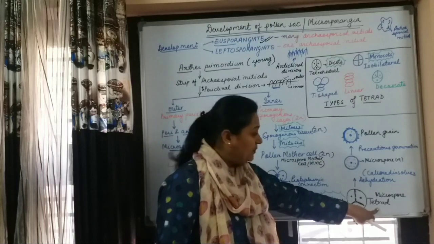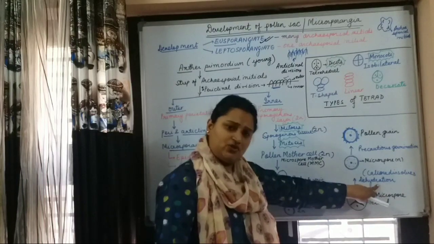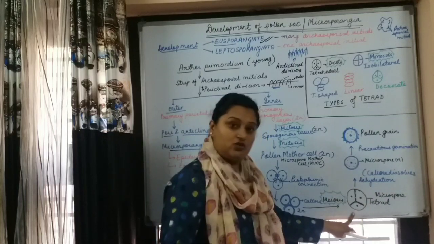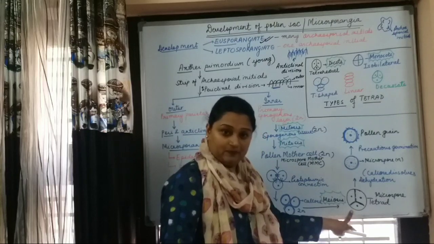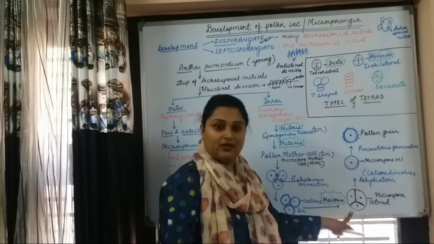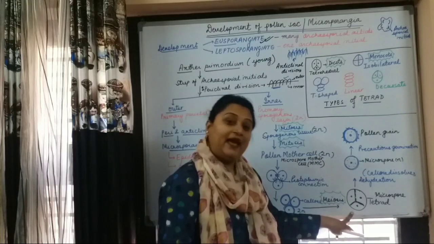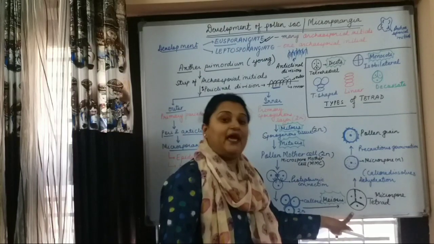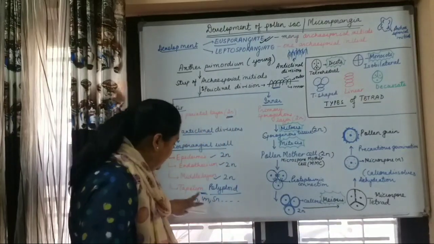Tetrad we have got. After some time, dehydration takes place and the callose dissolves. Here I want to tell you that this callose deposition is degraded by the callase enzyme. This callase enzyme is again produced by the tapetum.